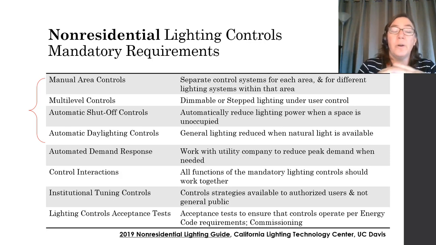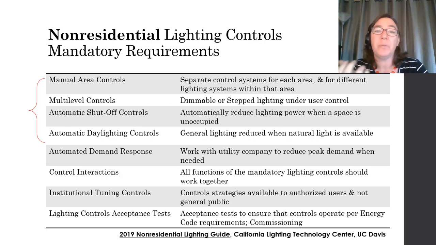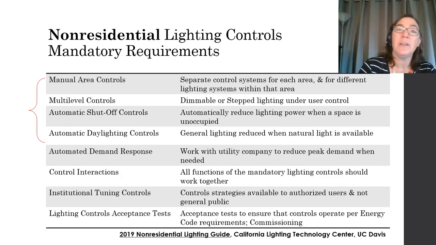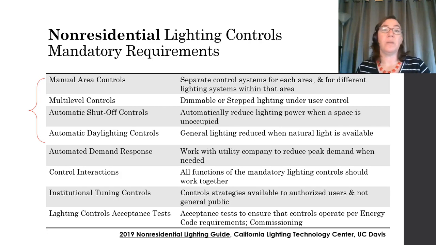So starting with those four, manual area controls are all about separating the different control systems for each area and for each function. Multi-level controls are the requirement for dimmable or stepped lighting.